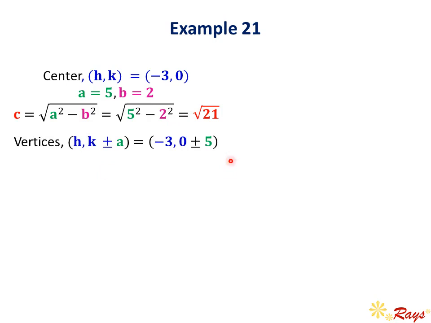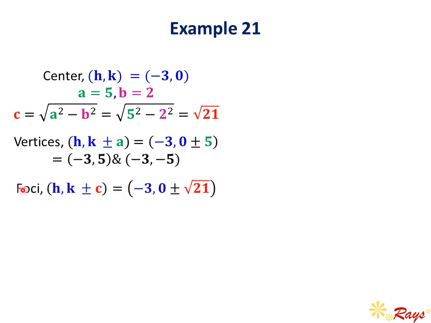Vertices, since we know that the major axis is parallel to y-axis, to get vertices, we just plus minus a to the coordinate y of the center. So our vertices is -3, 0, plus minus 5. Therefore, the coordinates are -3, 5 and -3, -5.